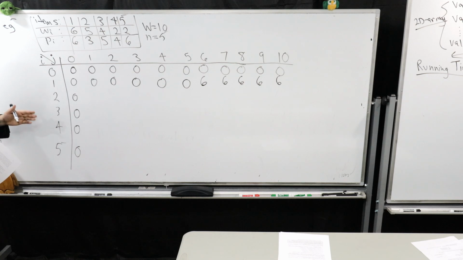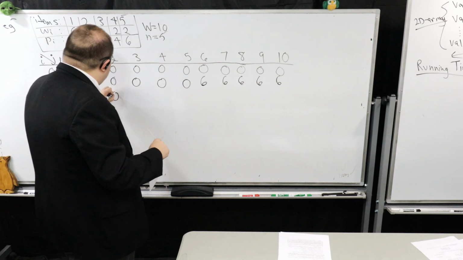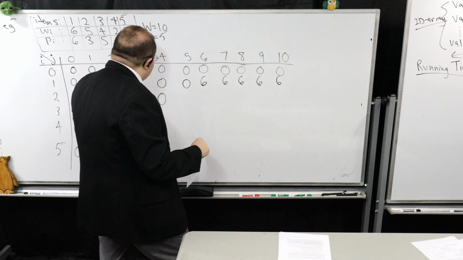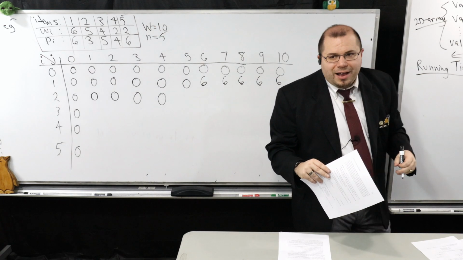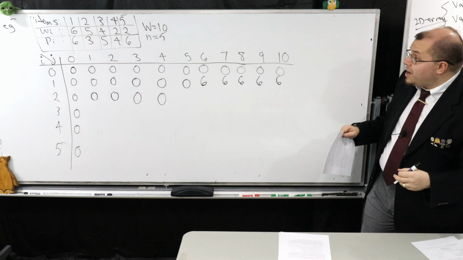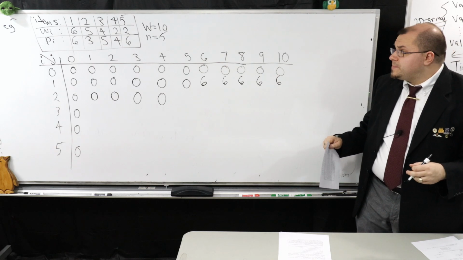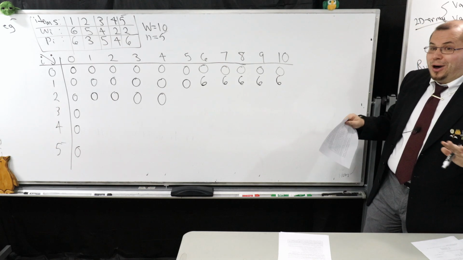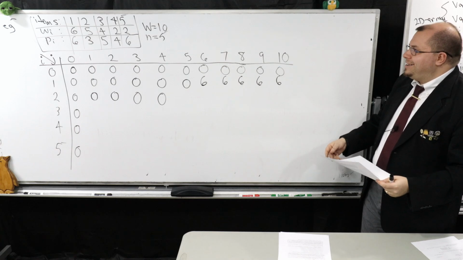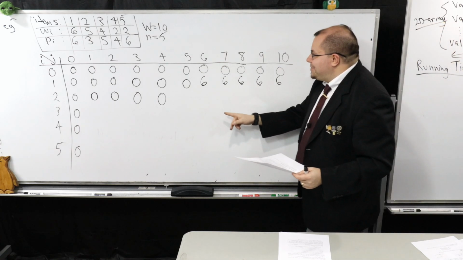I'm still going to have a whole bunch of zeros sitting right here up until I get to 5, because there's no way I can fit item 2 with weight 5 into this knapsack, right? So that falls into the case where you do not put in item 2. So here we go.